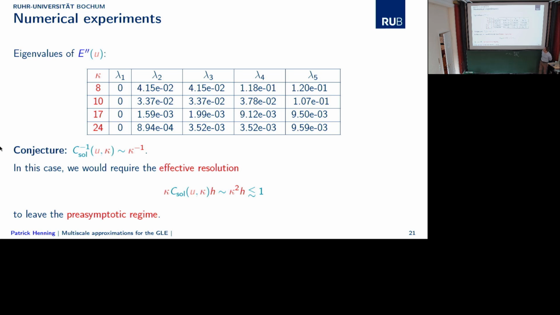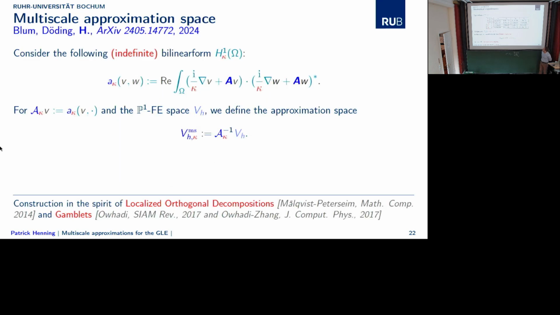Okay, and with this I want to spend my final few minutes to show you how things can be relaxed by using a multiscale approach. So for that, I use a construction in the spirit of the LOD or also in the spirit of Gamblets, which works in the following way.